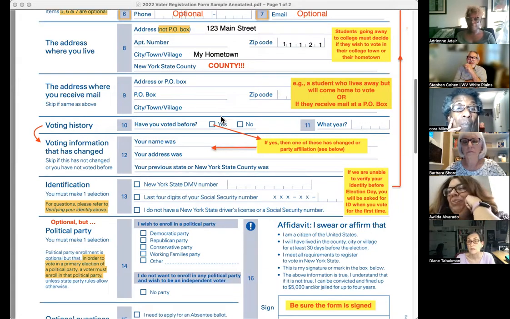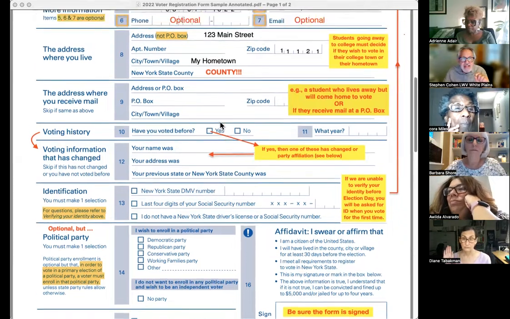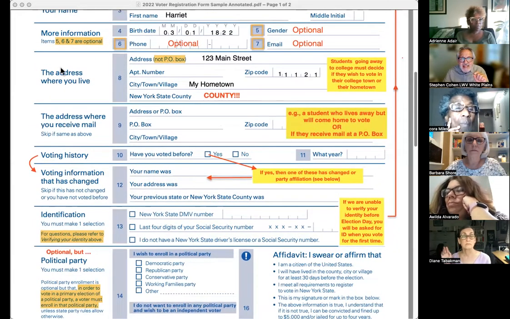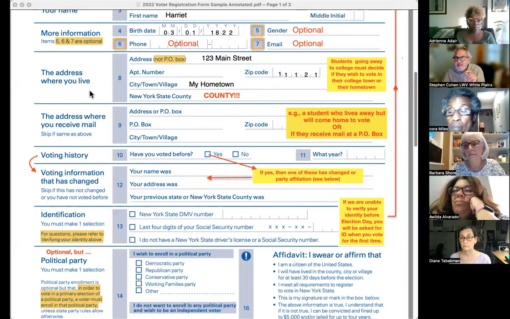Correct. And I think that's part of the purpose of this. If you'll note, question 8 is the address where you live, and question 9 is the address where you receive mail. My understanding is that the address where you live is the address that would be used to determine what your election district is, and therefore what your polling location is.